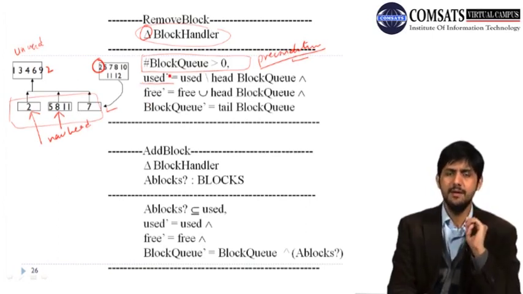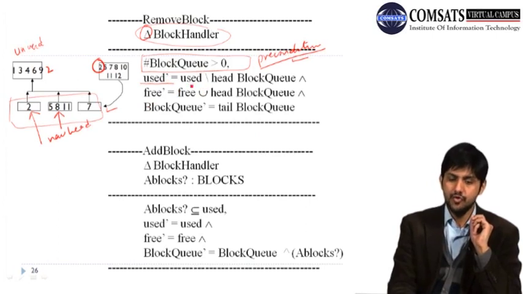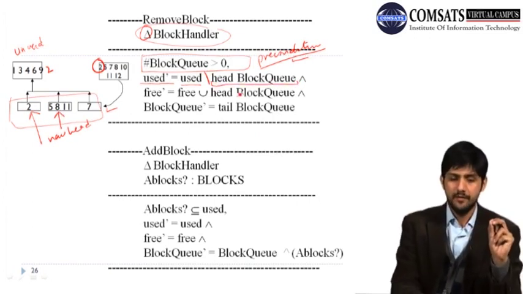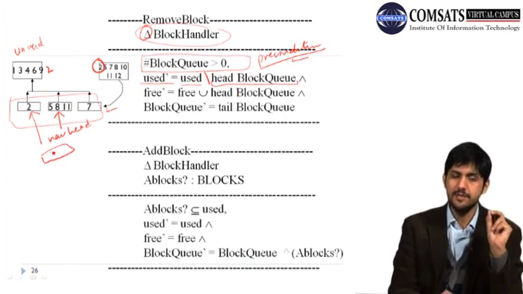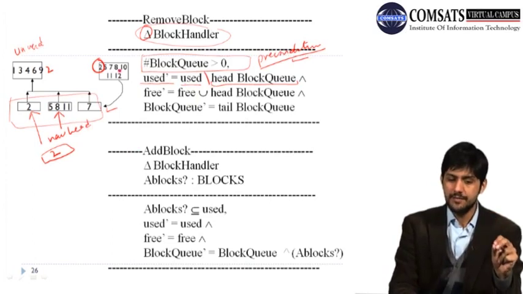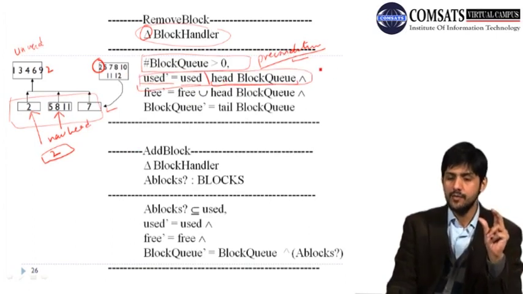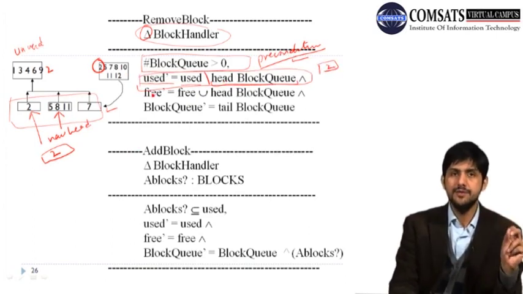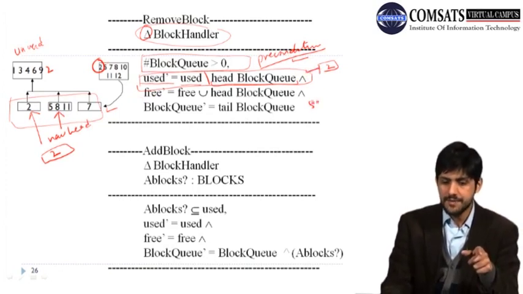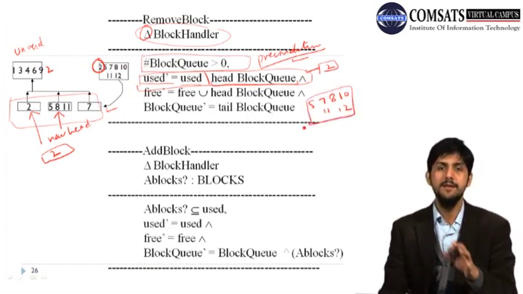So we say used prime is now equal to used, and this sign says that whatever is in the head of our block queue, which in this case is this particular element 2, remove that from this set used. So this statement is saying that whatever is in the head of the queue, which is 2, remove that from this used set. So my new used set after this line would be 5, 7, 8, 10, 11 and 12.